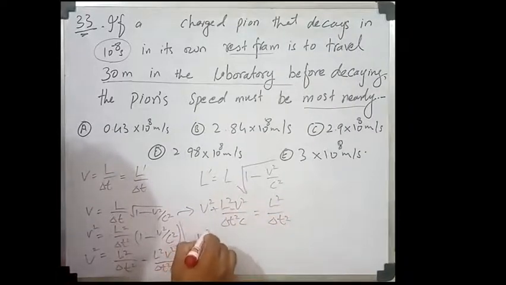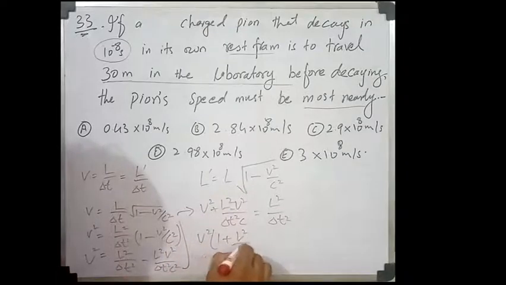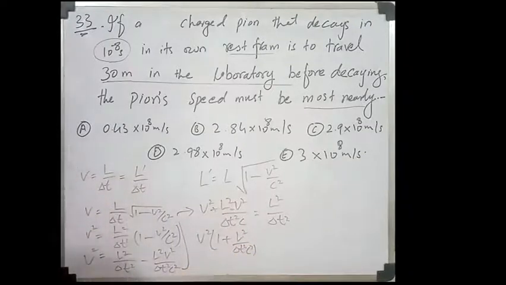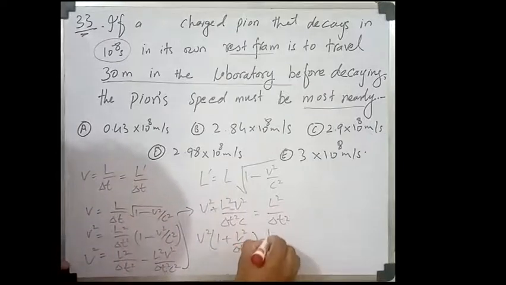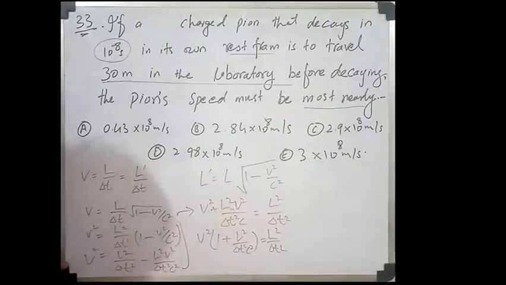Taking v square common, v square into 1 plus L square divided by delta t square c square is equal to L square divided by delta t square. Taking the LCM, v square into delta t square c square plus L square, divided by delta t square c square, is equal to L square over delta t square.